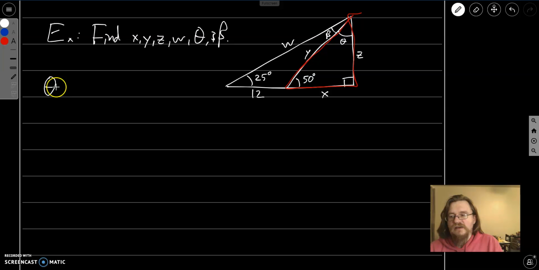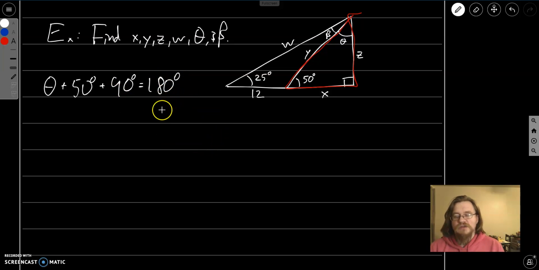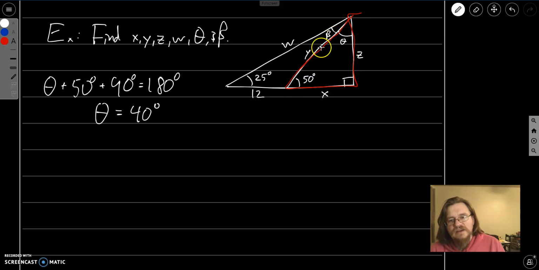So theta plus 50 degrees plus 90 degrees should be equal to 180. I can subtract 90 and subtract 50 from both sides, and I'll get that theta is a 40-degree angle. Nice.